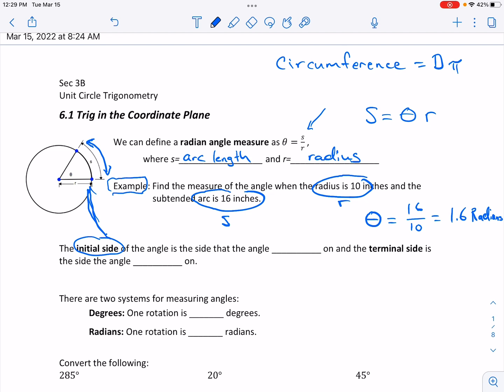The initial side is the side that the angle starts on, and the terminal side is the side that it ends on. So we have the initial side and the terminal side.